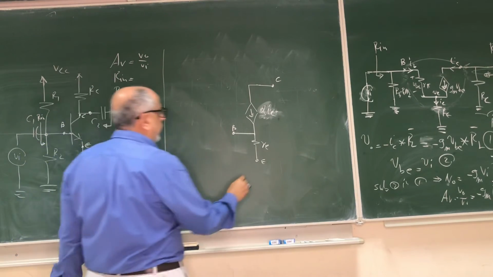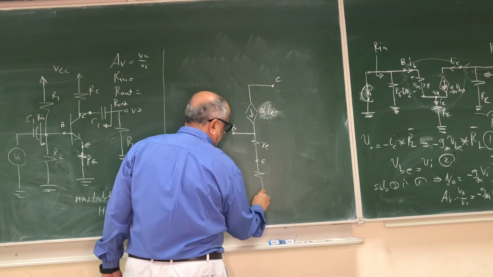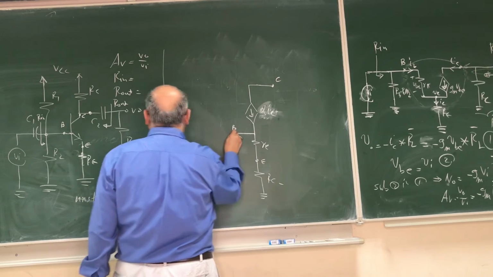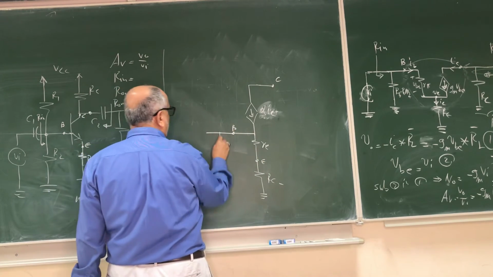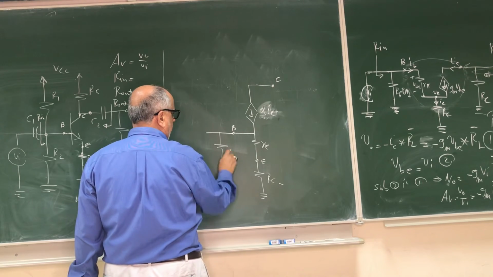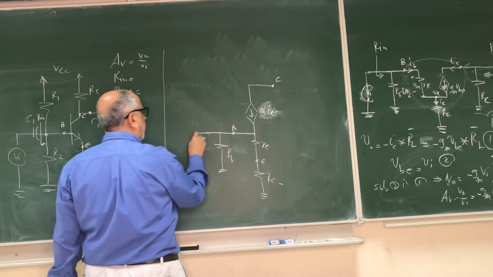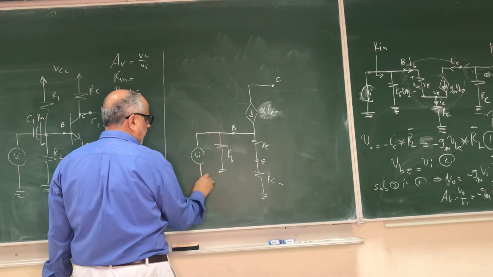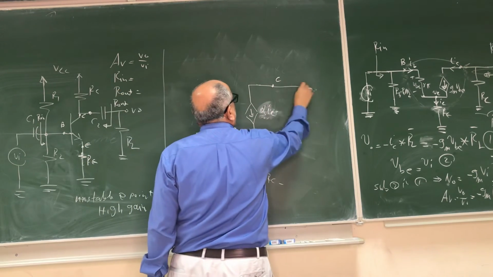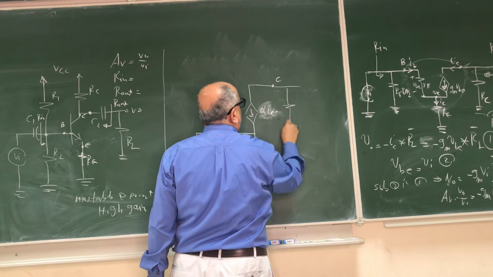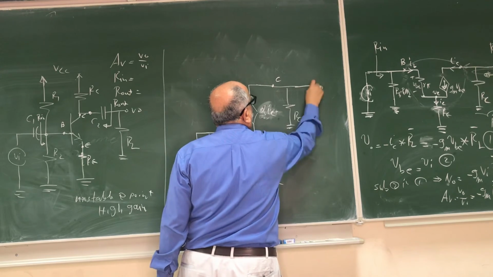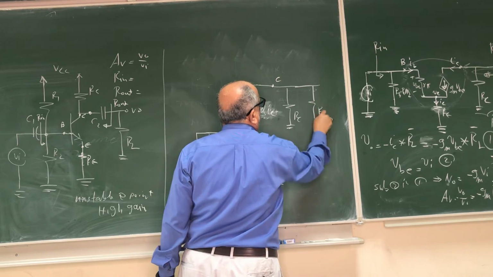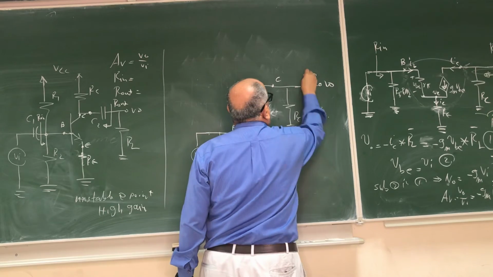Now we connect the rest. From the emitter, we have RE to ground, that is RE. And from the base here, we have rB, same as that one, or RB we call it. And then we have our input Vin. And from the output here, we have RC and the load RL, and that is Vout.